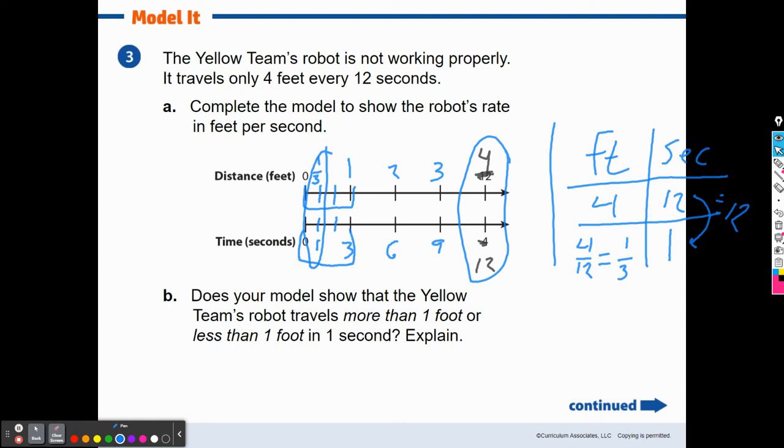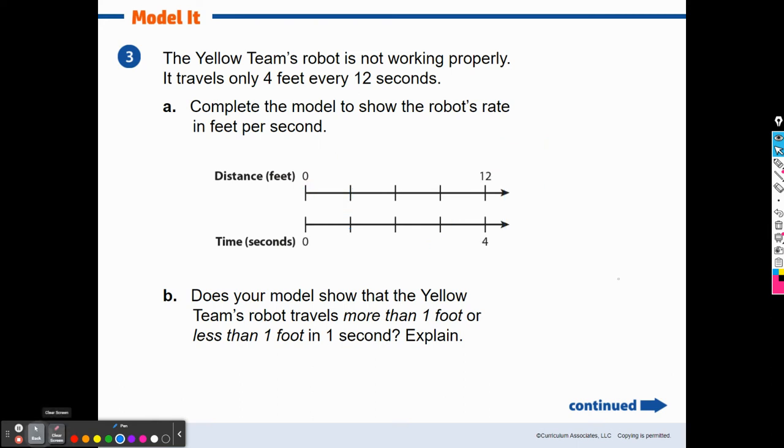Now we're able to answer B here. Does your model show that the yellow team's robot travels more than 1 foot or less than 1 foot in 1 second? So 1/3, is that more or less than a foot? Well, it's less, right? And then it does ask you to explain. So yellow team's rate is 1/3 of a foot per second.